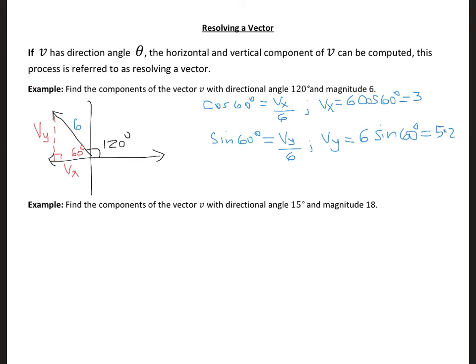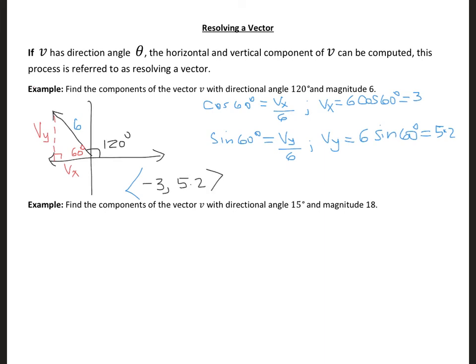And then all I need to know is that, since I did not use 120 degrees, I used the reference angle, I just need to know that V of x is in the second quadrant. So the components of this vector are going to be: the x component is 3, but it's actually -3 since it's in the second quadrant, and the vertical component is just going to be 5.2.